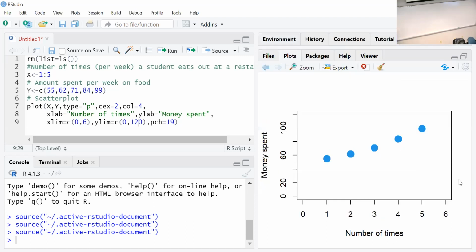So that's the plot we get, and I noticed last time that I didn't mention anything.